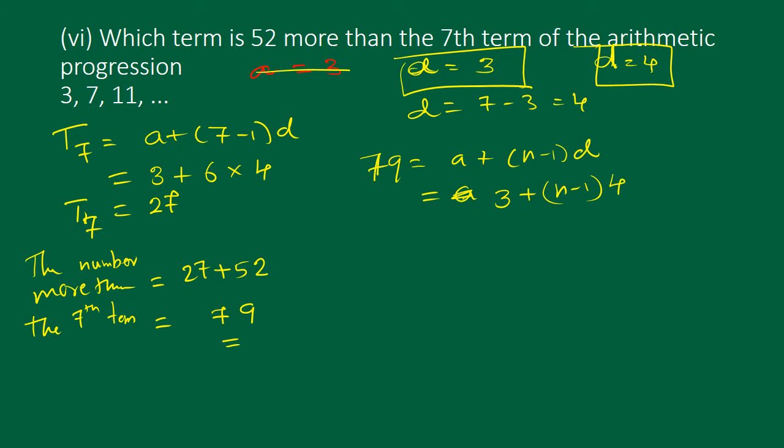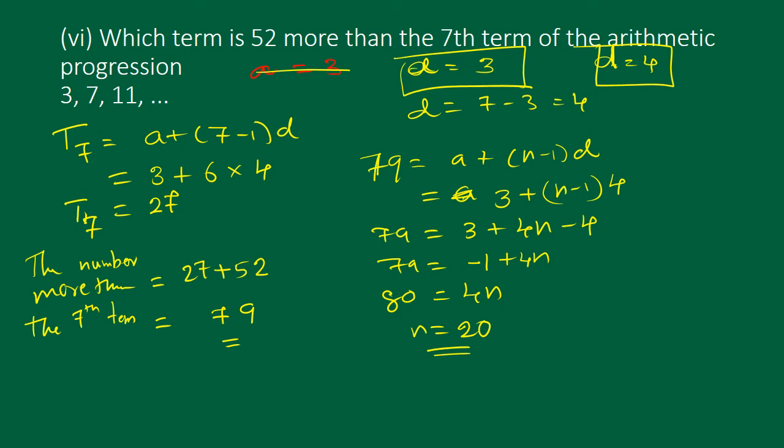You have to find out n. 79 is equal to 3 plus 4n minus 4. This means 79 is equal to minus 1 plus 4n, and here you get 80 is equal to 4n. n is 20.